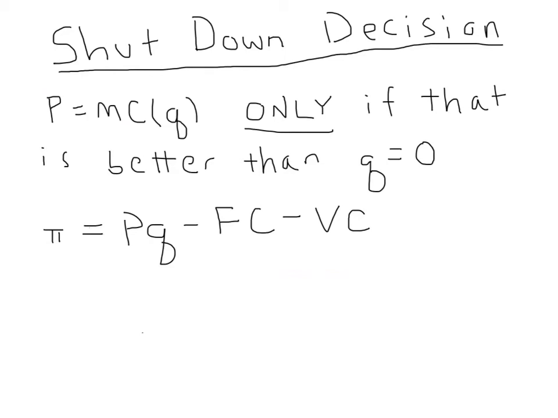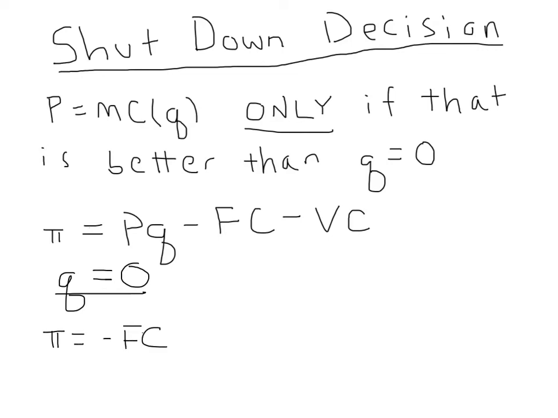Specifically, we can look at this equation to get a shortcut. So when Q is equal to 0, the variable cost will be 0, and the first term PQ will be 0, so profit just equals negative fixed costs.